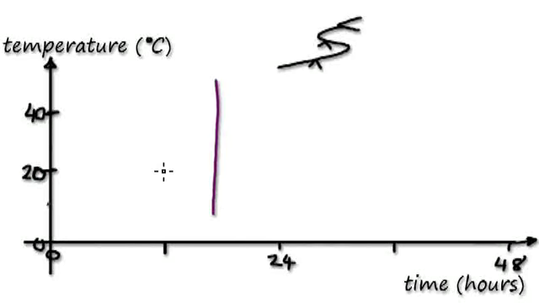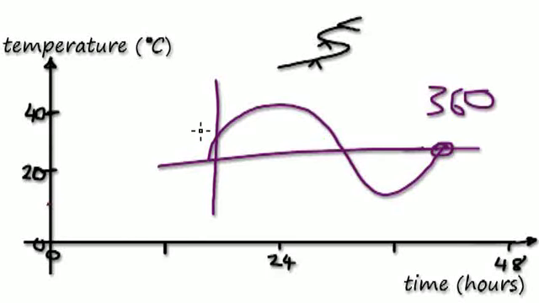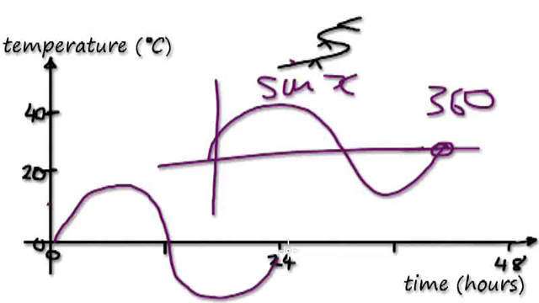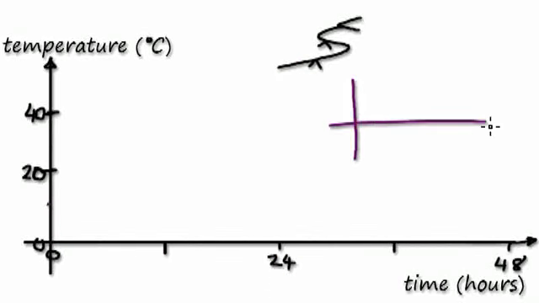So normally our sine of x will look like this, 360. So this is sine of x. But now we want it so that for sine of x, one period is 24. How would we get from a period of 360 to a period of 24? Well, let's look at this here. This is 360 here.